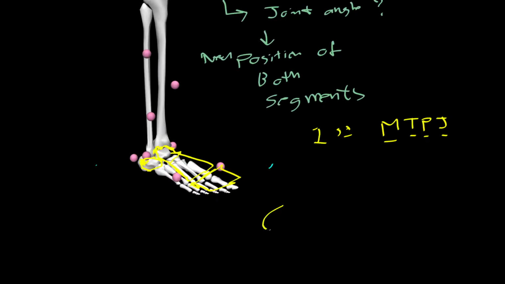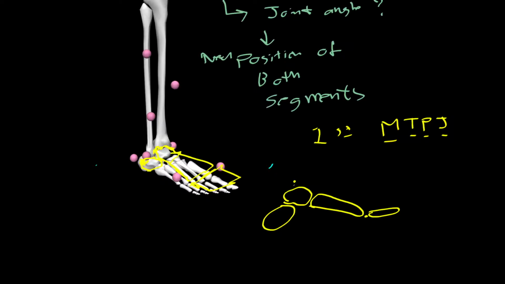So in that case, you'd have like talus moving about the subtalar joint, the calcaneus rotating about the subtalar joint. You'd have the talus here. You'd have the midfoot, kind of metatarsals and cuneiforms and navicular and all that stuff, and the toes.